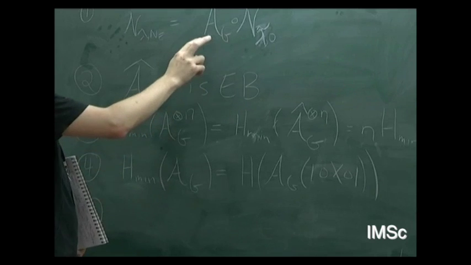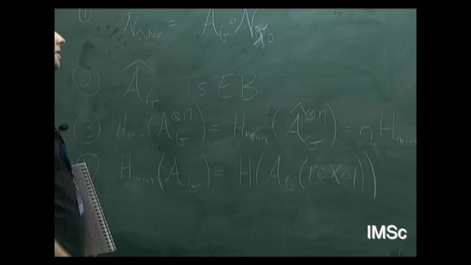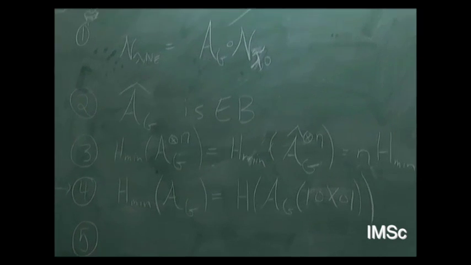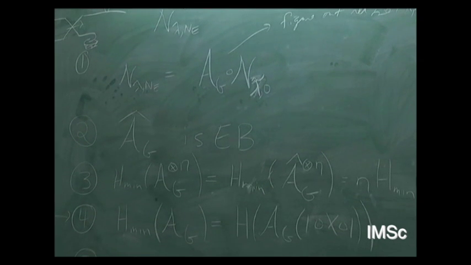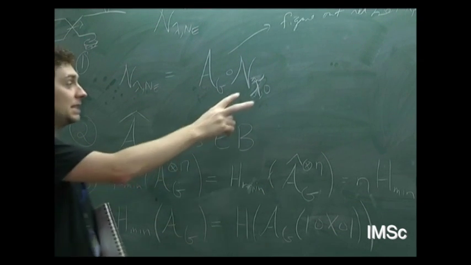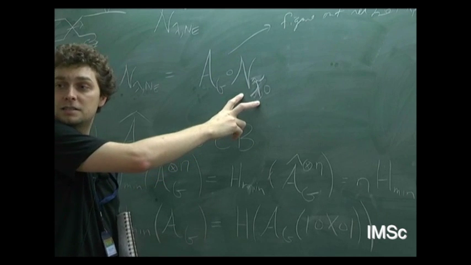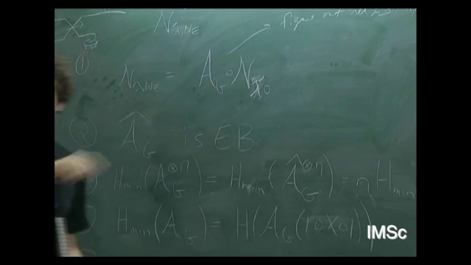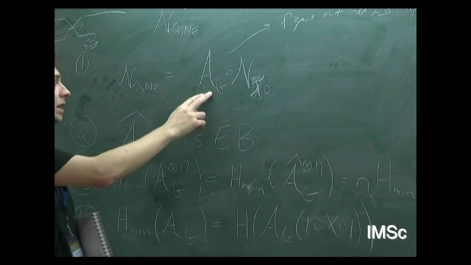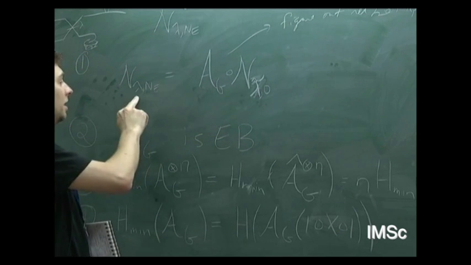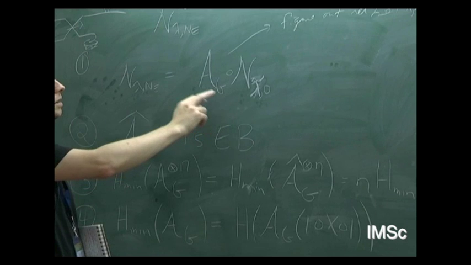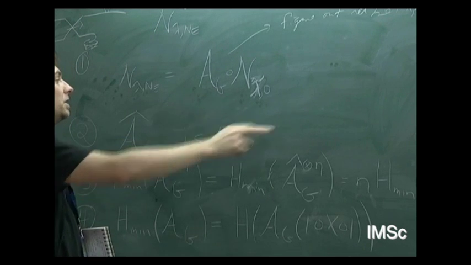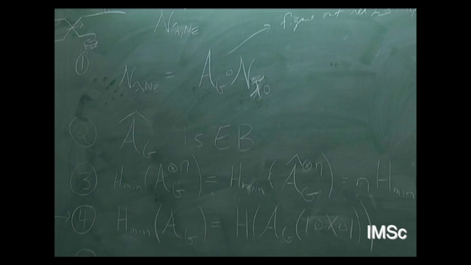Since we apply the quantum limited amplifier, the output entropy of this can't be any better than the output entropy of the quantum limited amplifier. And even better, since this is an attenuation channel, I know how to use this to prepare the vacuum input to this channel. So by putting a vacuum into this guy, I prepare the optimal state for this channel AG, and that gives me the optimal output entropy of this guy too.